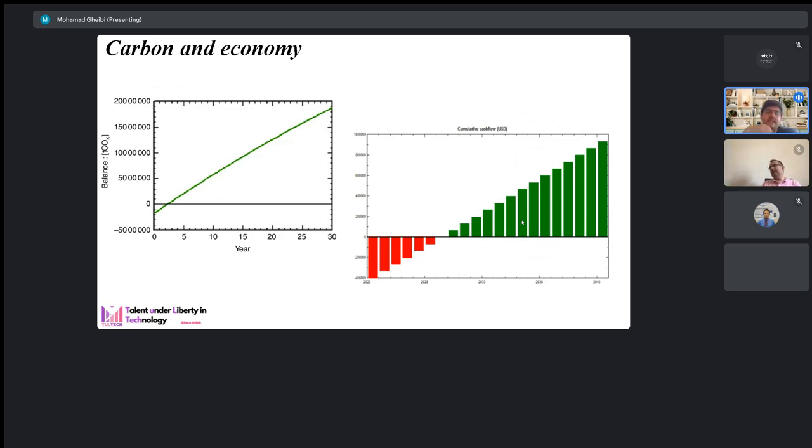The last slide that I want to present to you, that is very important if you want to research different issues and topics, is carbon and economy. Both of them are very important. Carbon, because of the eco-environmental analysis. You can see the diagram of carbon in this software.